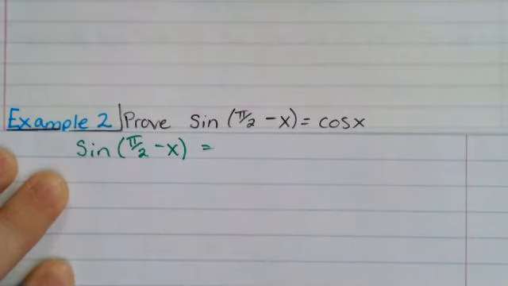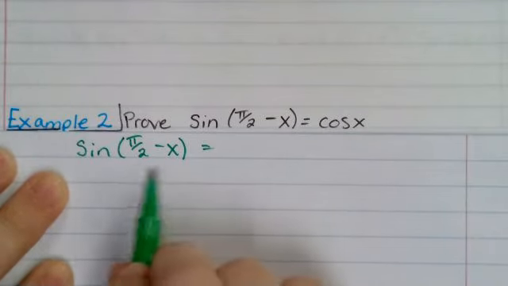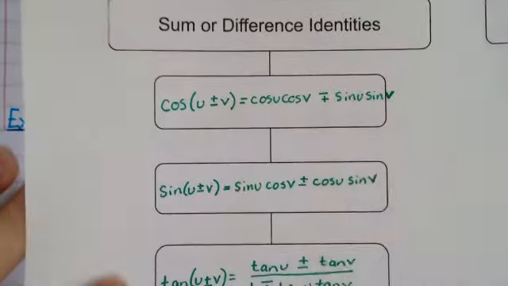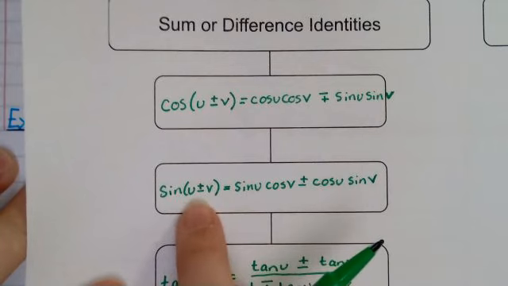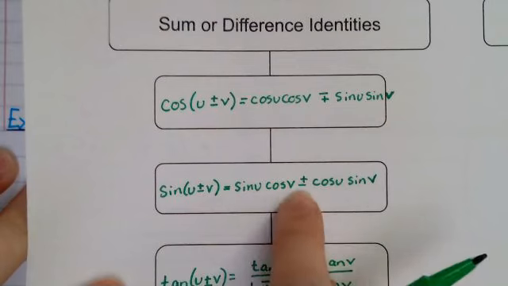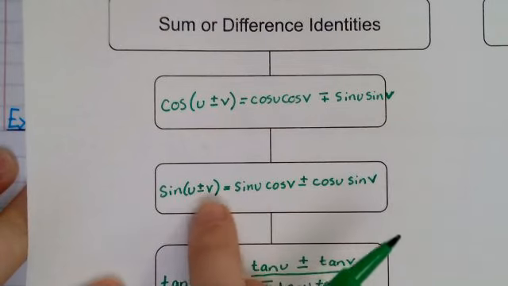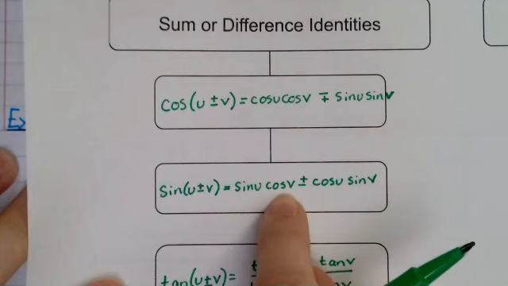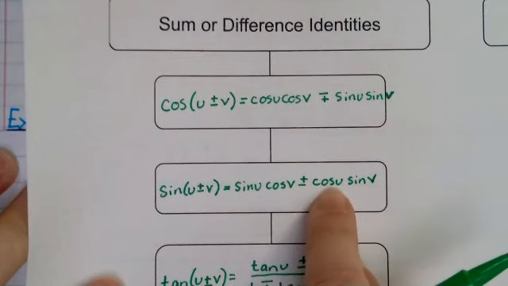And then in order to prove this, think about how we can adjust this. Well, this is a difference inside the sine, so we can look at how sine of a difference works. Again, you're going to use the bottom symbol because difference was the bottom one. We're going to have sine of the first times cosine of the second, minus cosine of the first times sine of the second.